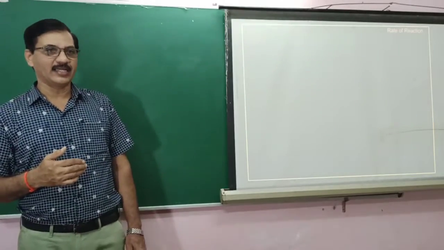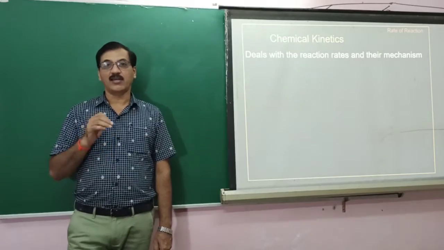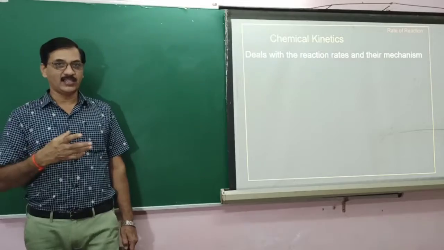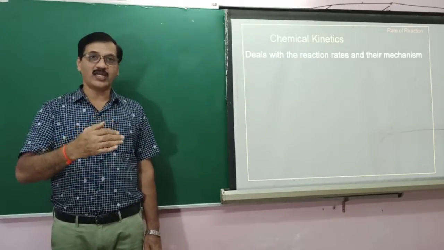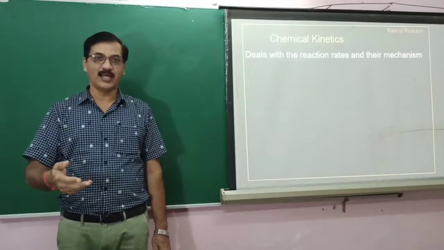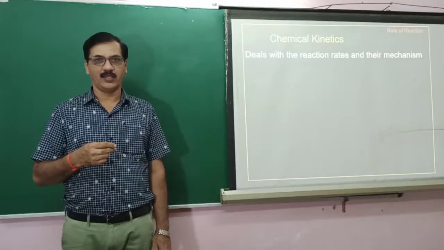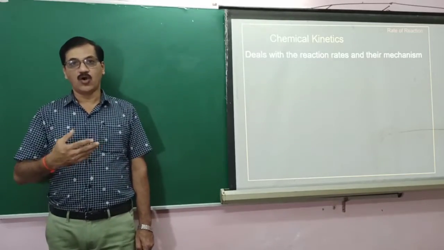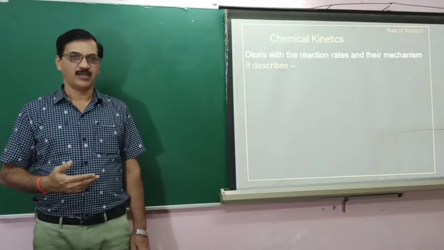So chemical kinetics is a branch of chemistry which deals with the rate of reaction and its mechanism. A reaction stated in the form of an equation may not occur in the same way it is stated. There are hidden steps by which it may be occurring, and chemical kinetics deals with all that mechanism by which a reaction proceeds.